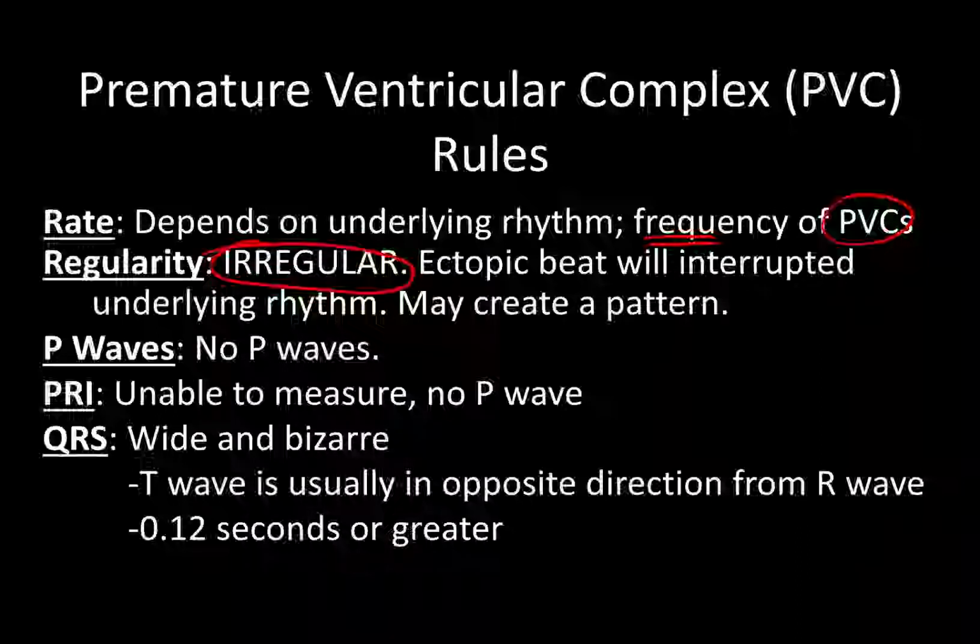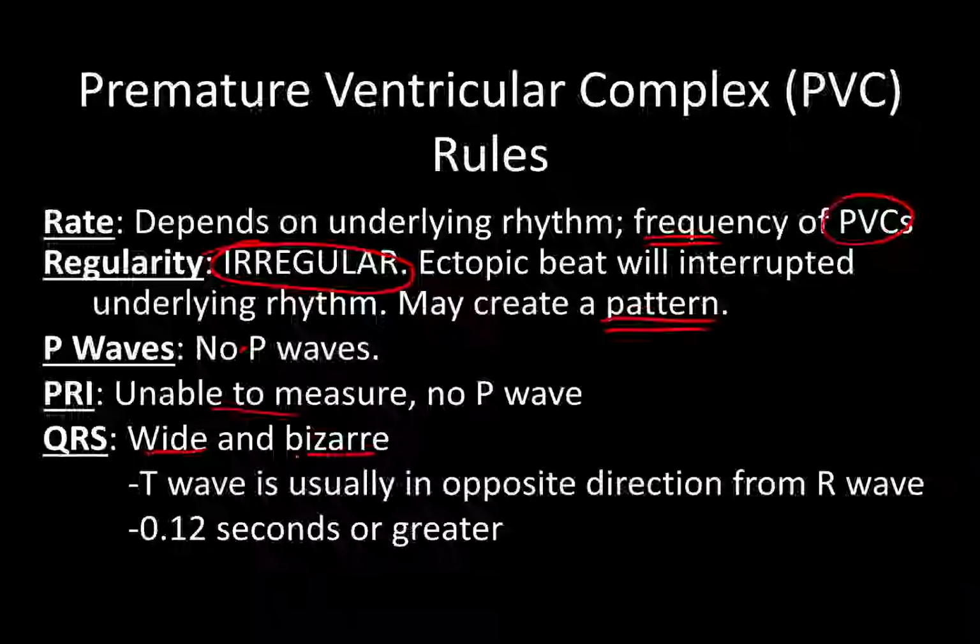So invariably we'll have an irregular type rhythm with this ectopic beat, so be prepared for that. It is very possible you may see a pattern with that, and we'll discuss a few of those items. There's no P waves with these, it's just QRS. Because there's no P wave, you can't measure PRI with the PVCs themselves.